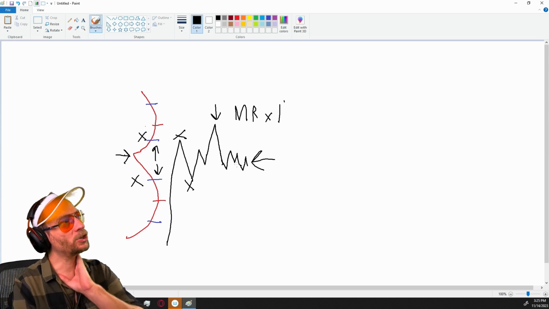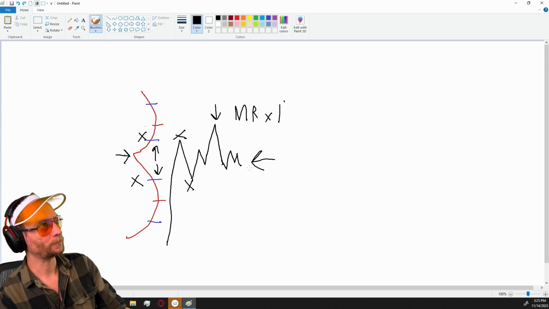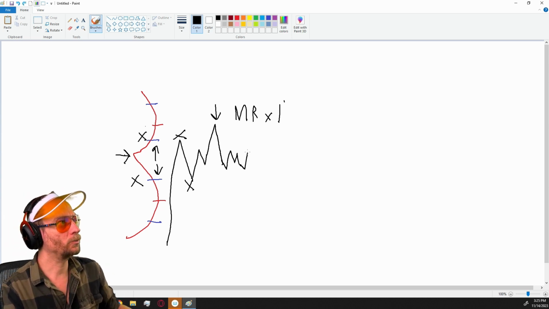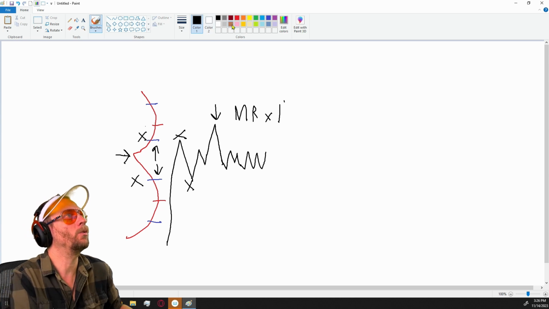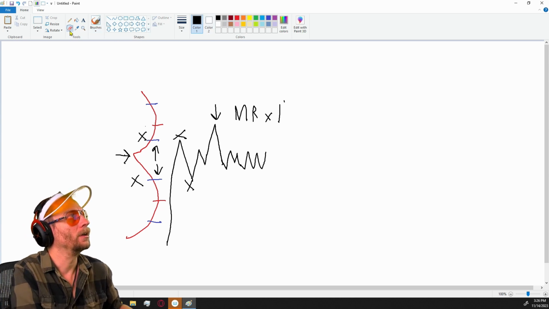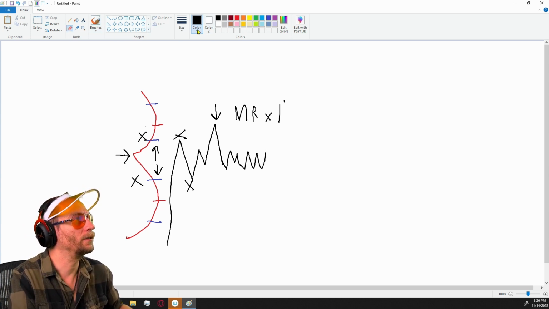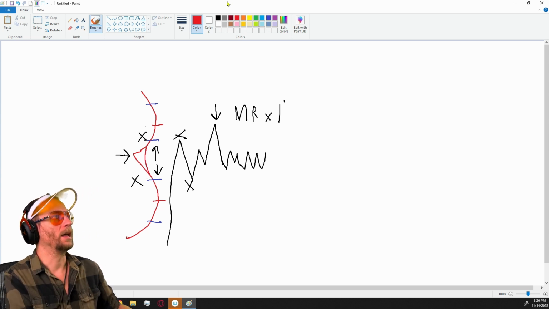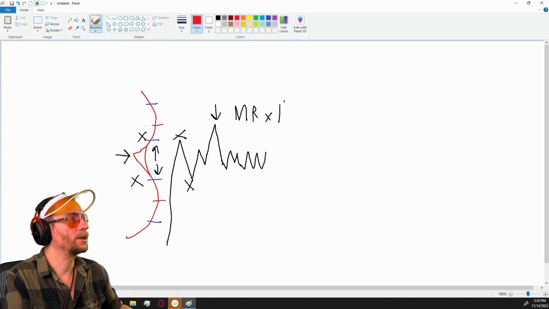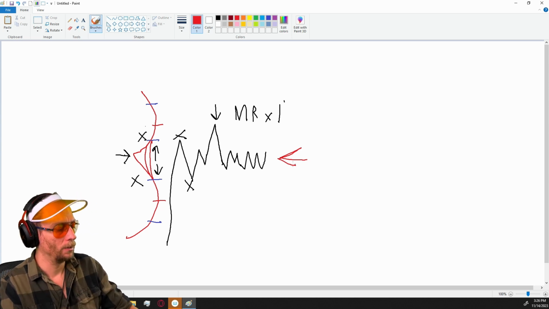Now, if it's really starting to cycle in this region, what's going to start to happen is this: this profile right here is going to start to get more filled in. Like that, and then it's going to keep getting more filled in as it continues to cycle here, okay?